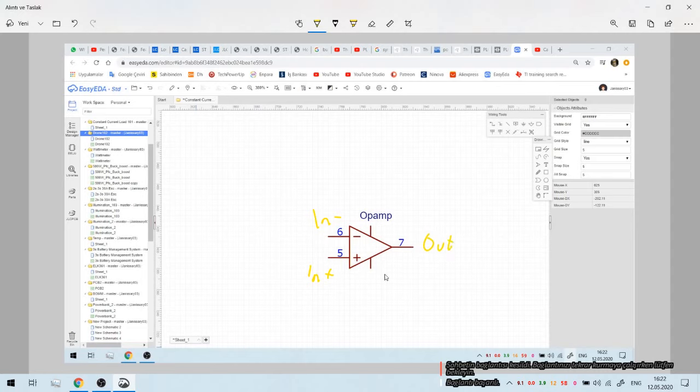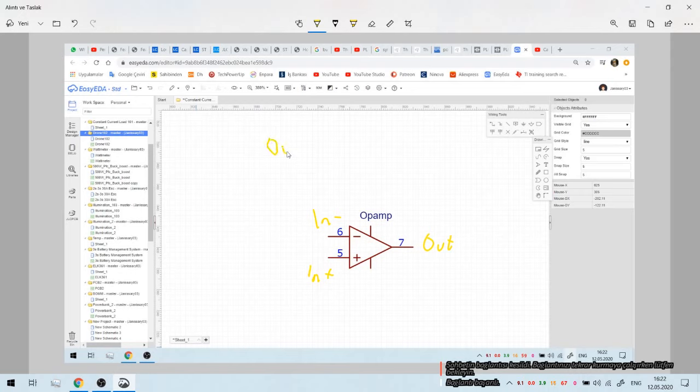Op-amp equation, you can see a lot of examples with op-amps: non-inverting amplifier, inverting amplifier, buffer, or differential amplifier, integrator, differentiator, and so on. All of these circuits use only this simple equation.